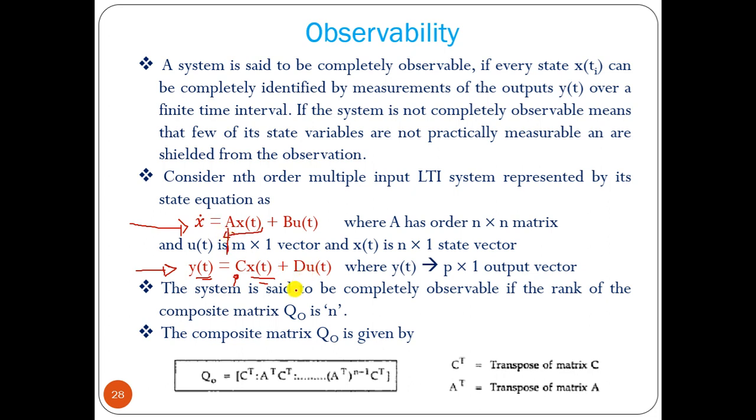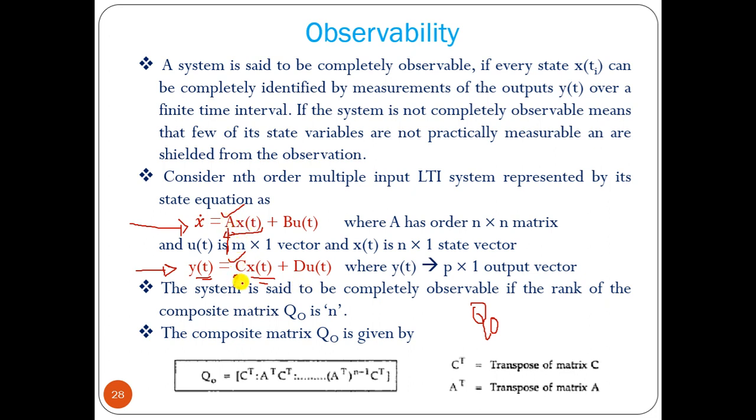So in order to find the observability matrix, that is called QO, we have to take the A matrix and C matrix into consideration. A matrix is the system matrix that depends on the state variable, and C matrix is the output matrix, because observability we have to measure from the output variable.